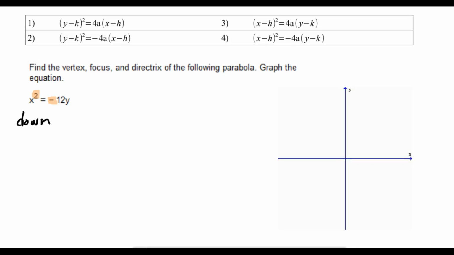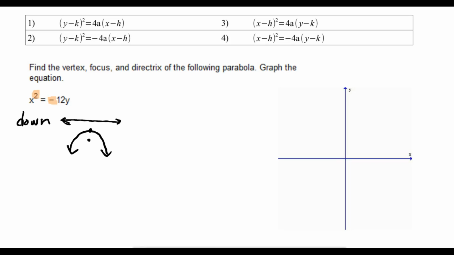Now the reason why this is important to do first is because it's going to help you identify where the focus and the directrix will be. So with a down-facing parabola, the focus will be down from that vertex, and the directrix would be a horizontal line away from that parabola like this.